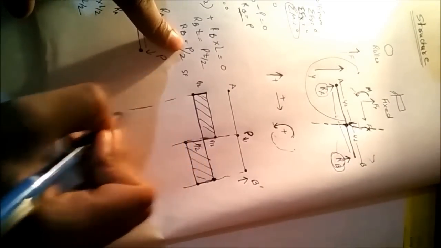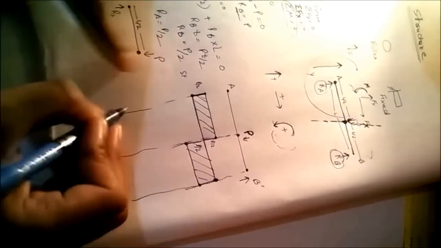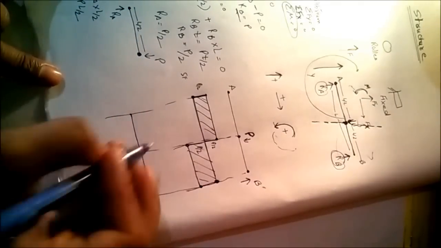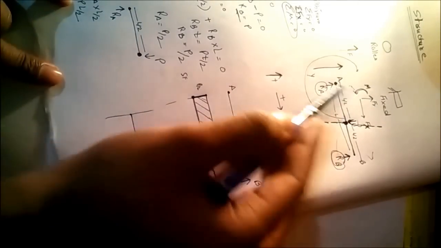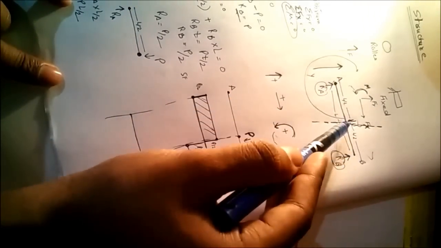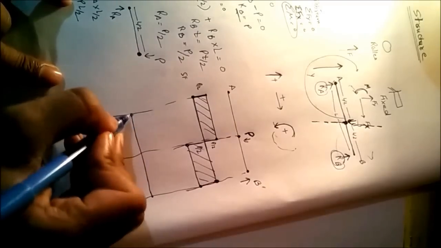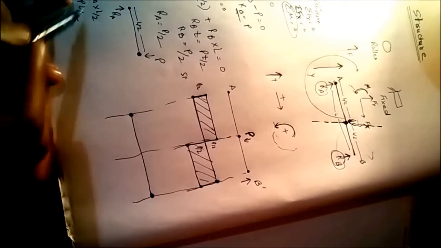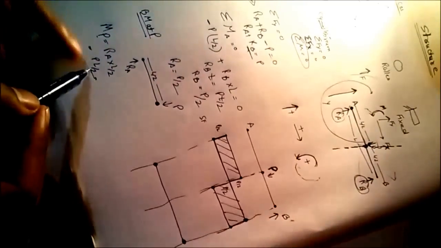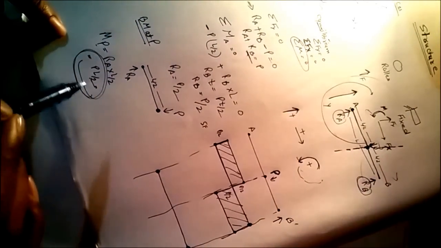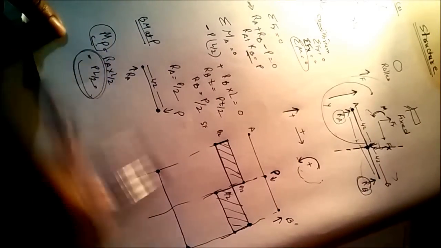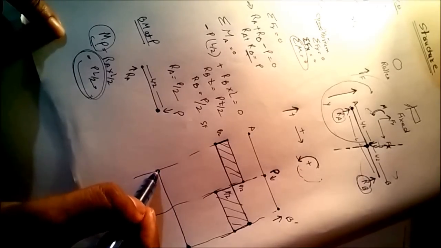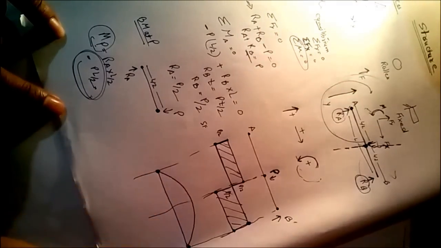Now for the bending moment diagram, M at A will be 0, M at B will be 0, and M at P we have found to be PL by 2. Bending moment at P is PL by 2.